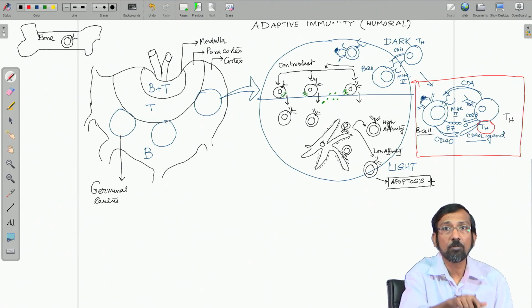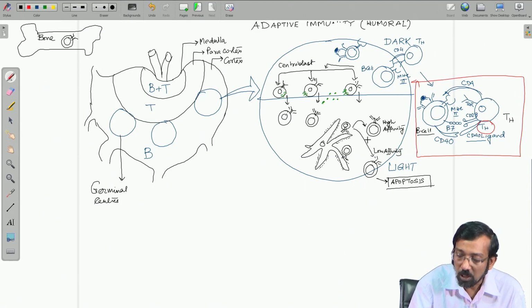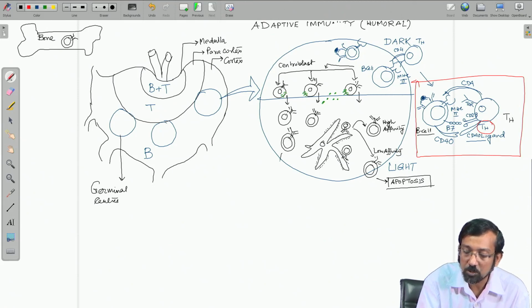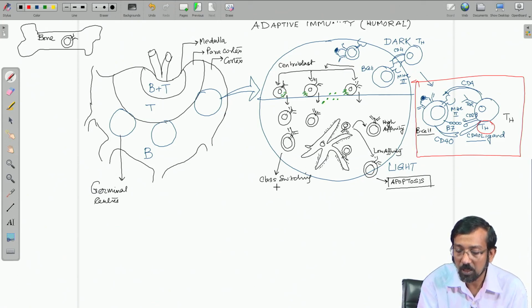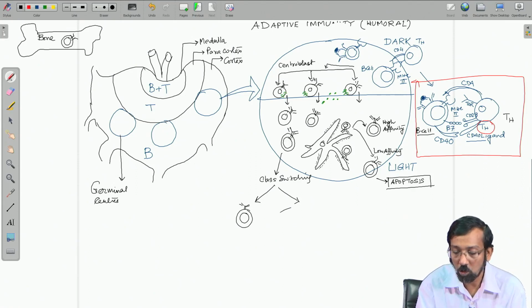So, those which are selected for high affinity antibodies will now undergo a phenomenon of class switching, and finally, they will produce either the memory B cells or the plasma B cells.